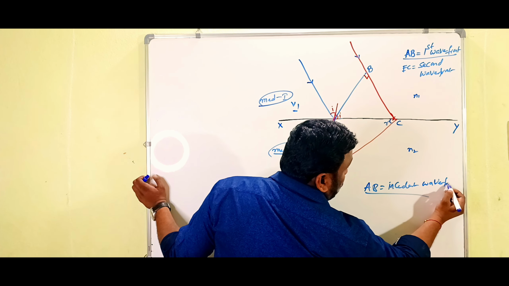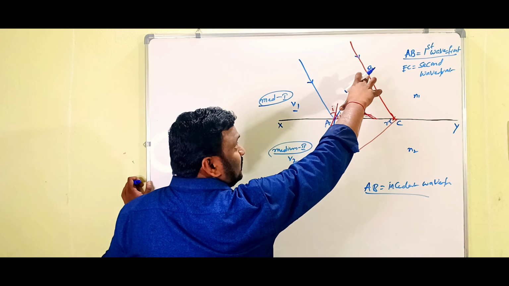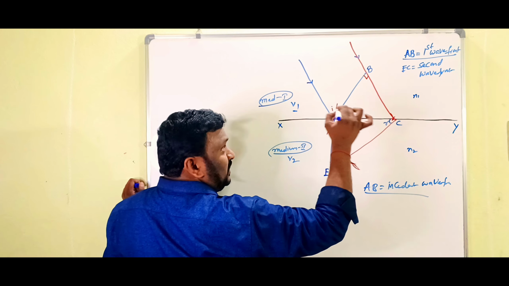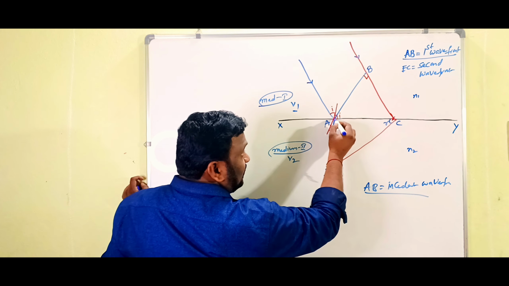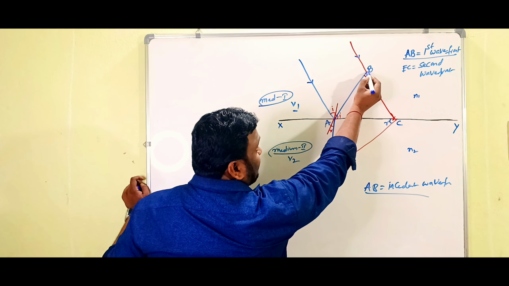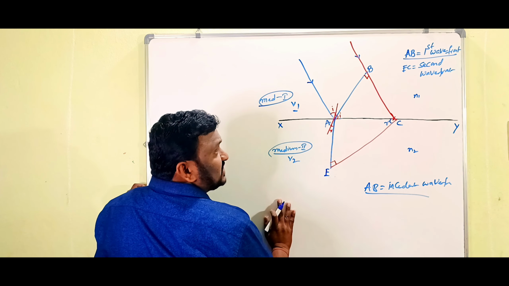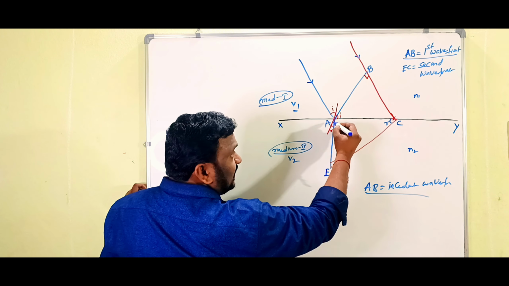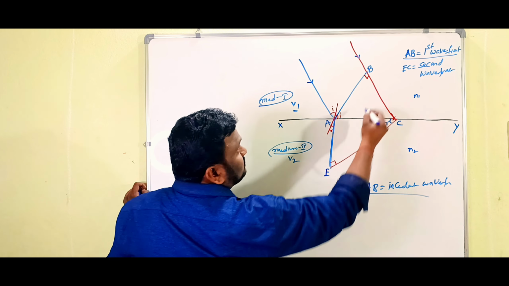Incident wave front. And from that wave front, what we know is every point on the wave front should be taken as a secondary source. That's why here AB is the wave front, and these points can act as the secondary sources. That's why they can emit the light like this.